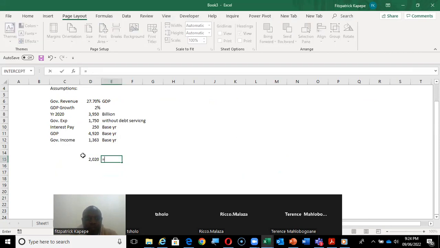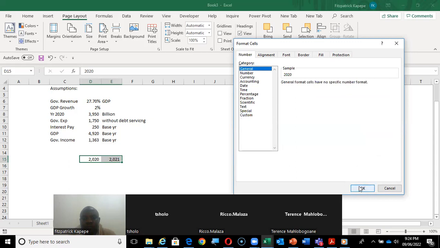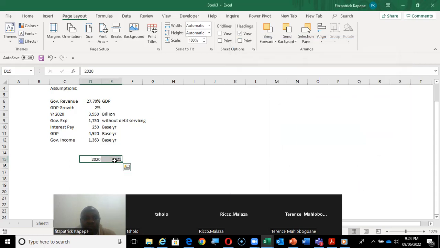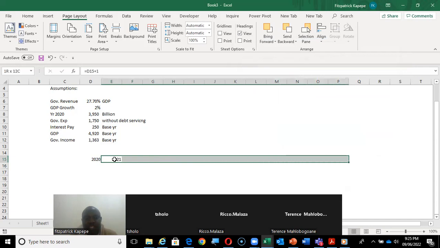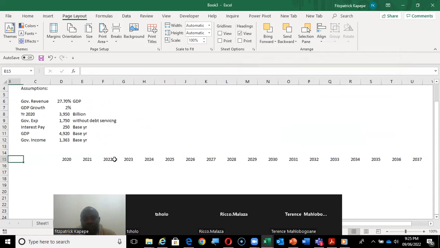Cost plus 1. So bear in mind that 2020 is just a base year. Then you have to go up to 2040.